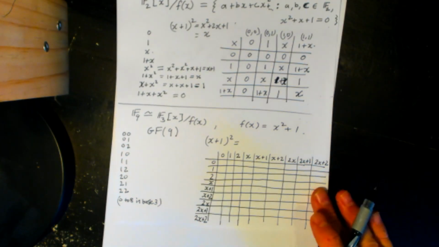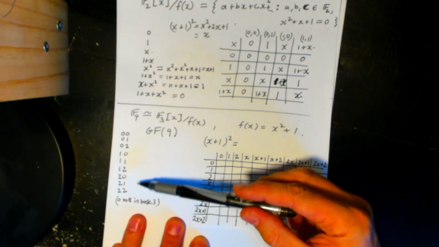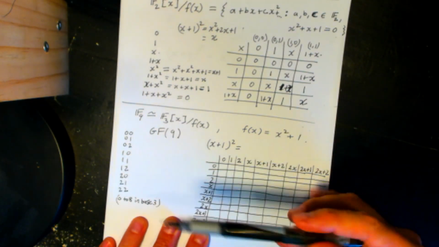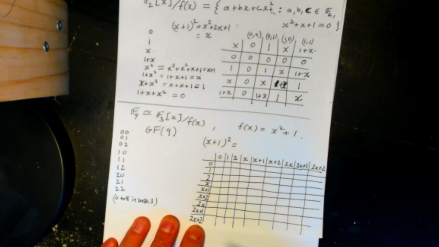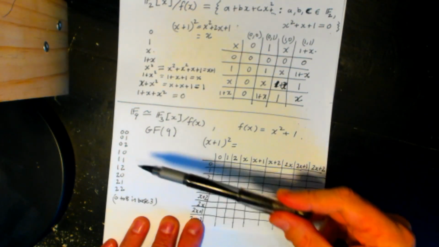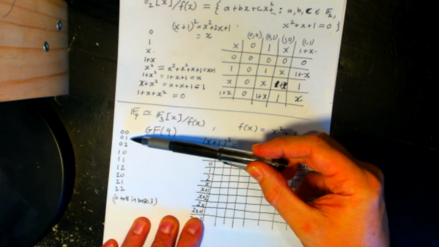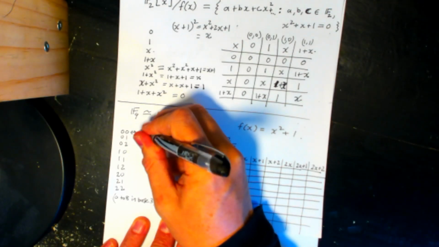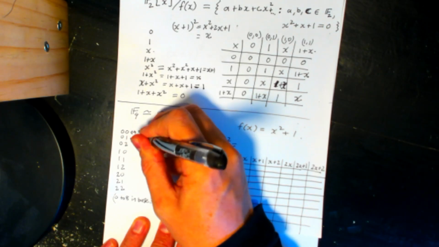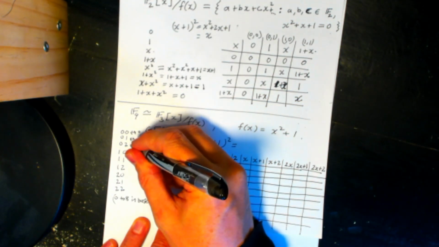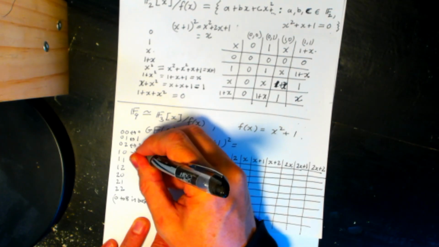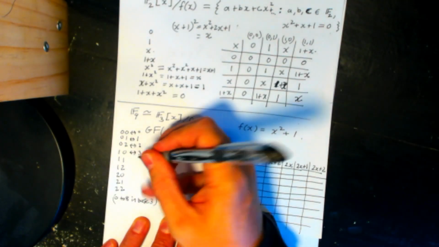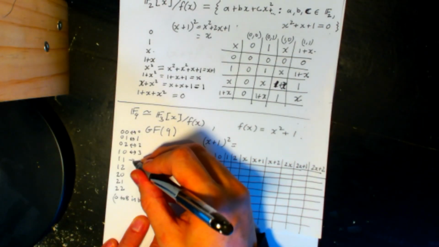And now to find these, well, what I can do is I can write the numbers 0 to 8, not in binary, but in base 3. Okay, so I count, this is 0, then I have 1 in base 3. Then this would be the number 2 in base 3, and 1, 0 is the number 3 in base 3.